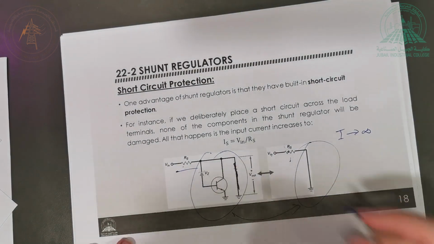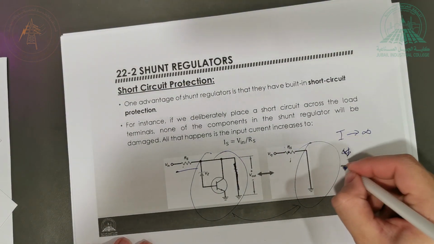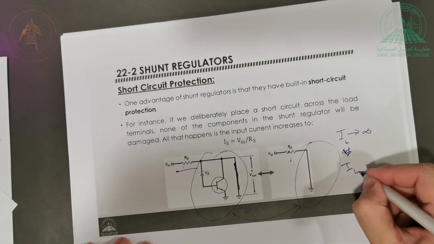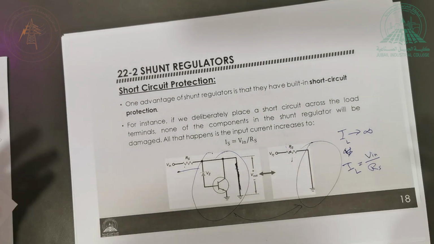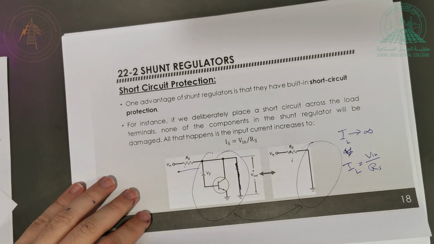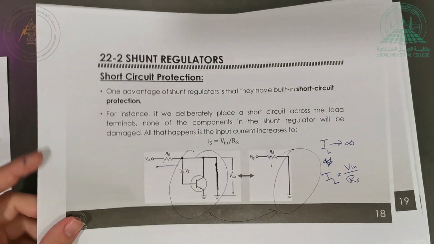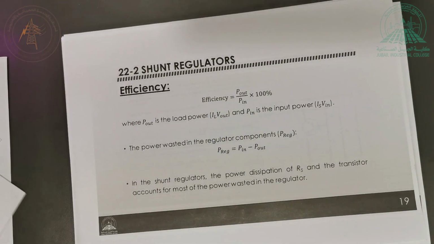But now since I have RS, what is going to be the current? It is going to be equal to VN divided by RS, which is a limited value. It is fine. So now my device has this built-in short circuit protection, which is extremely beneficial.